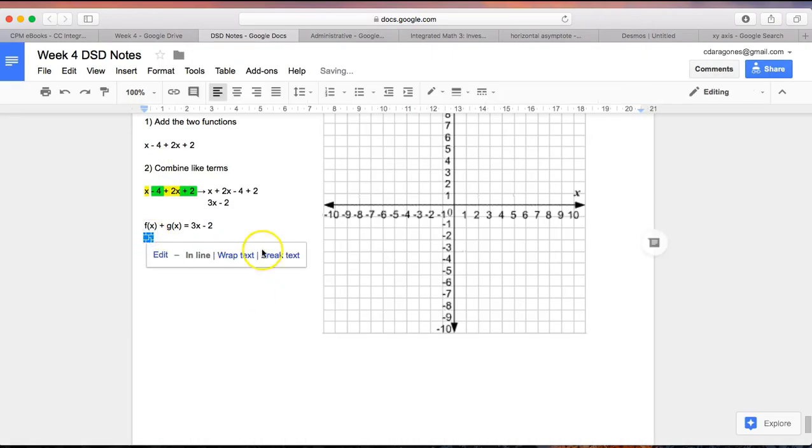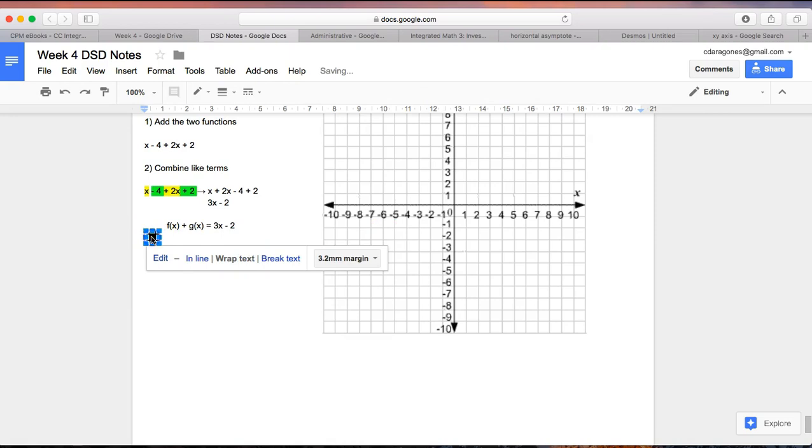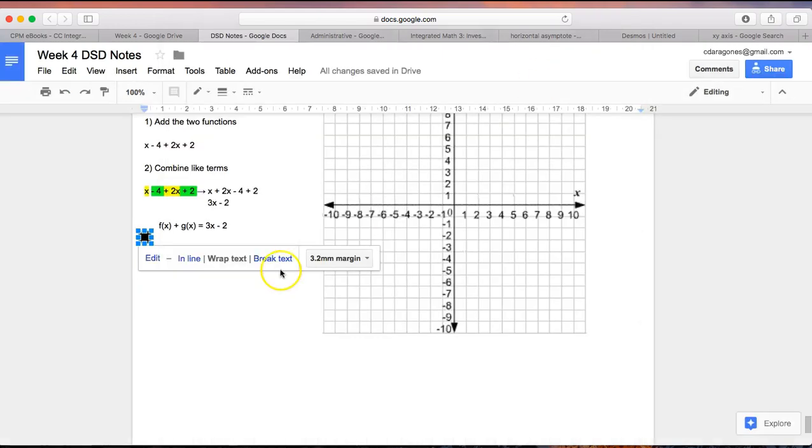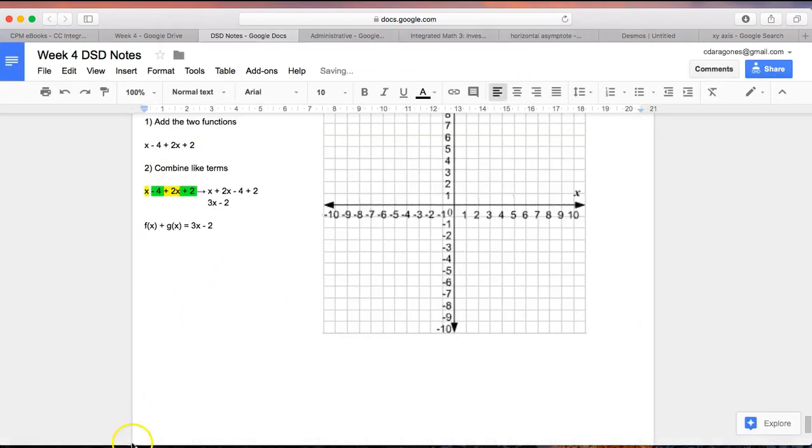I know that my graph has a slope of 3. It keeps enlarging it. I don't know what's going on here. I'm just going to do this.